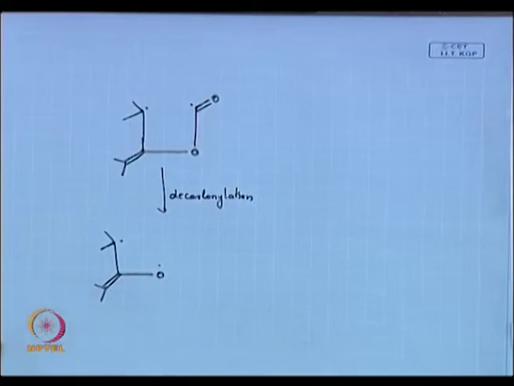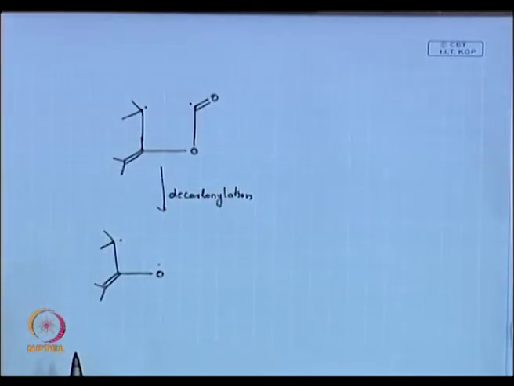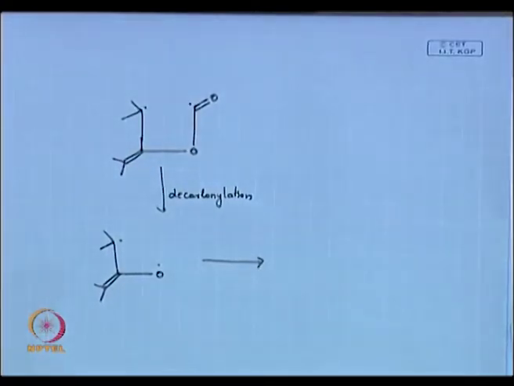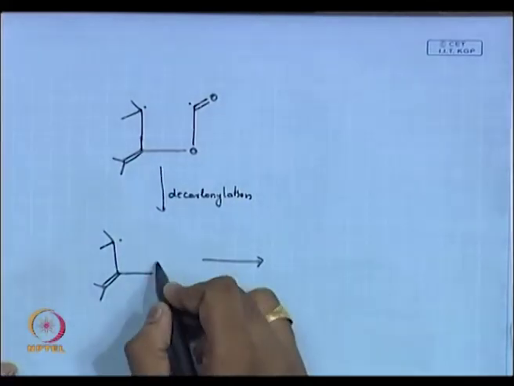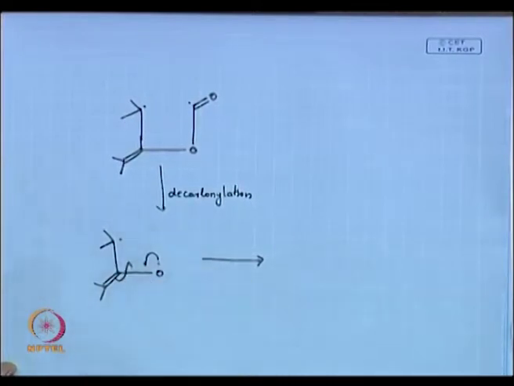Why does this have to form now? That you have to ask yourself, because it is not so stable, right? Why does it try to form this molecule? Any idea why it tries to form? Yes. See, I can take this radical and use it.